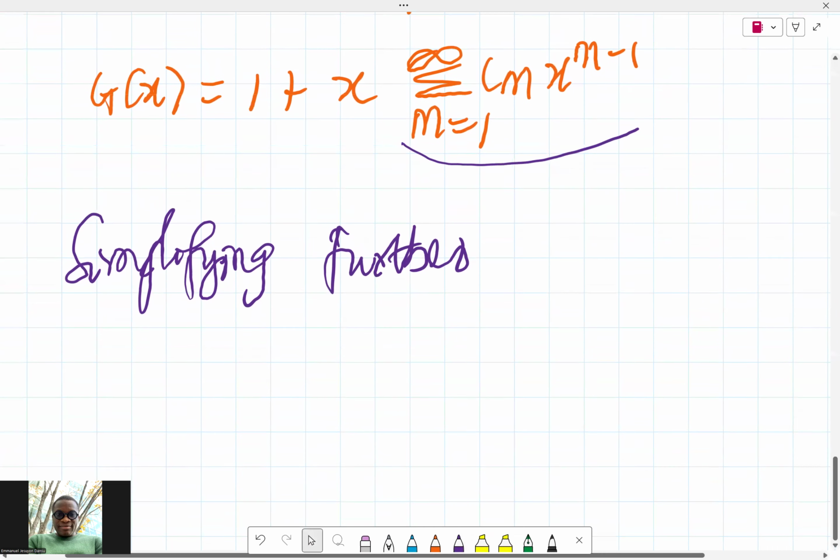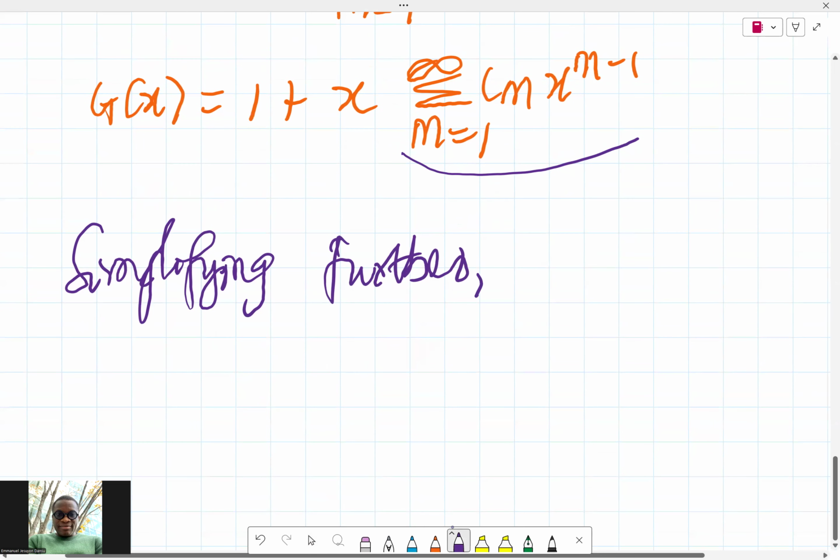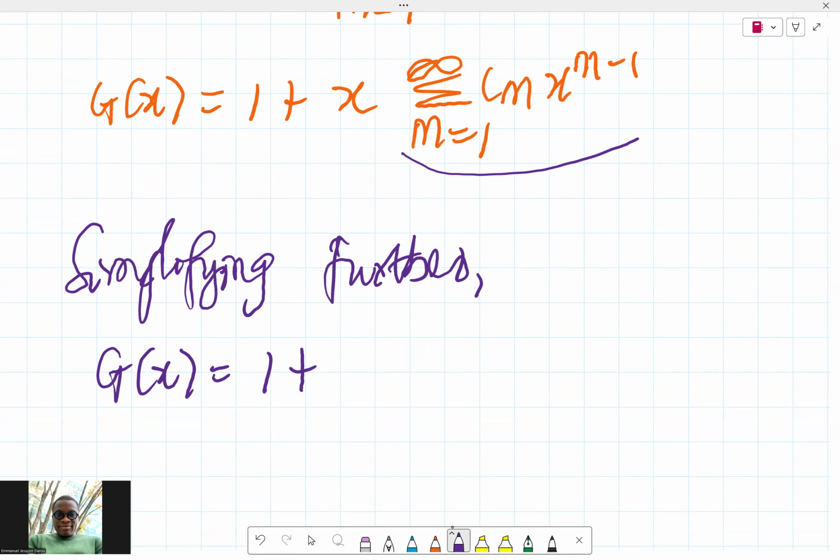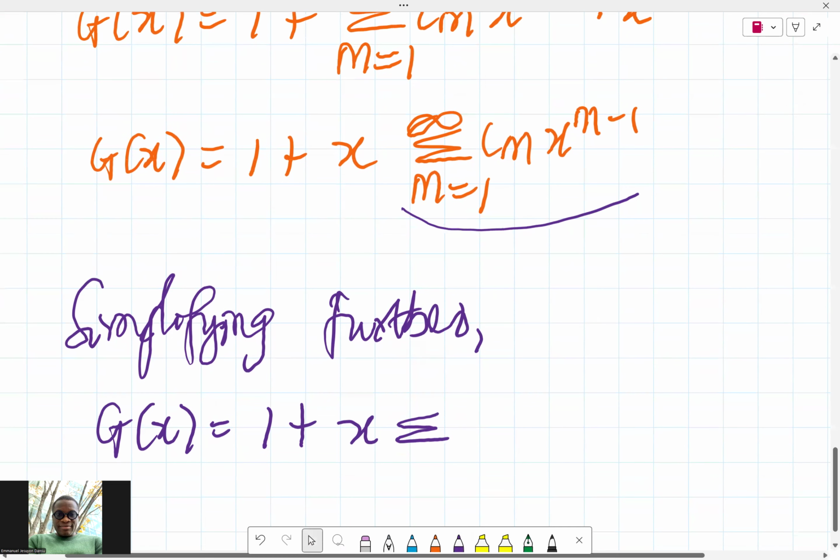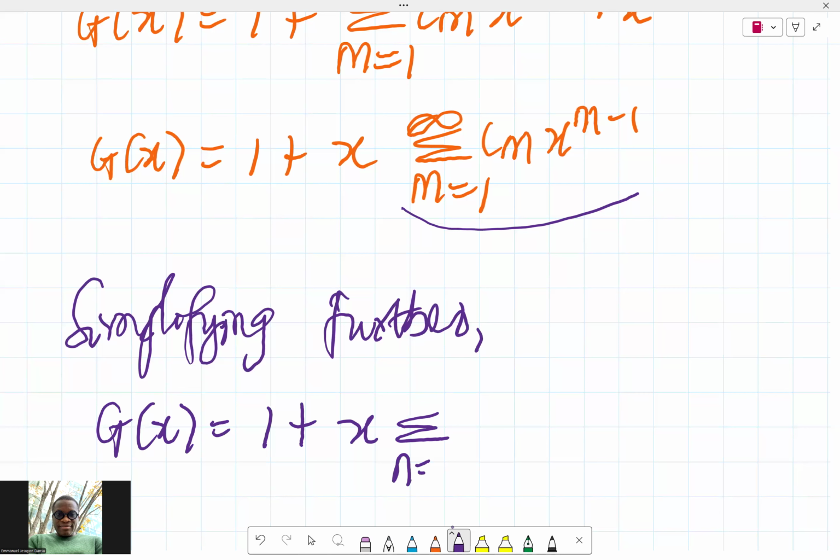Okay, so if we simplify further, we can actually get g of x equals 1 plus x, 1 plus x summation. So we reset this back to 0, and we now end up having n equals 0 to infinity, and then this will now be Cn x raised to power n.